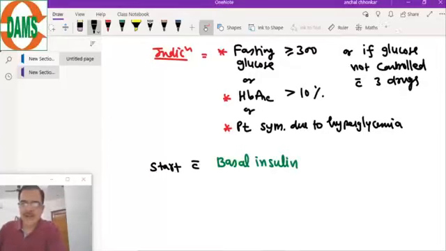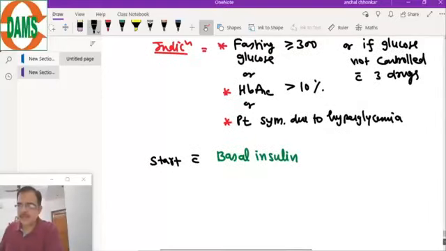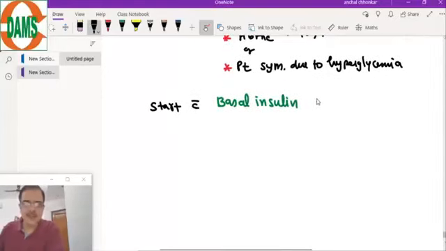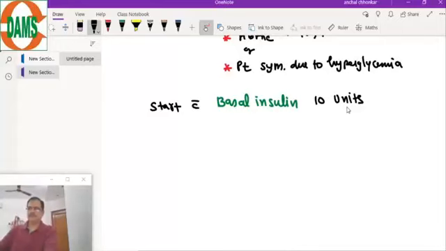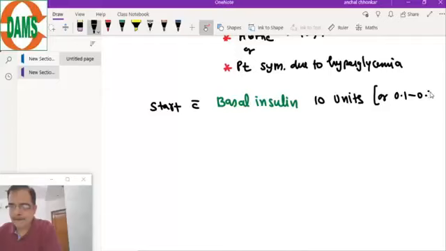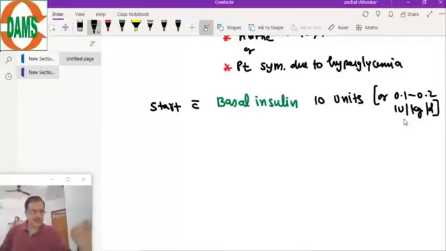Now start with the basal insulin, and this basal insulin dose usually starts with 10 units. So this is the basal insulin. Yesterday we did glargine, we will start with the basal insulin.